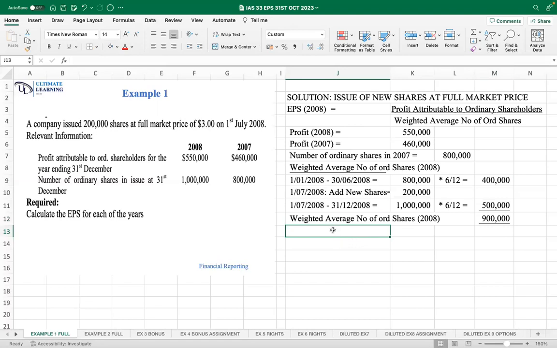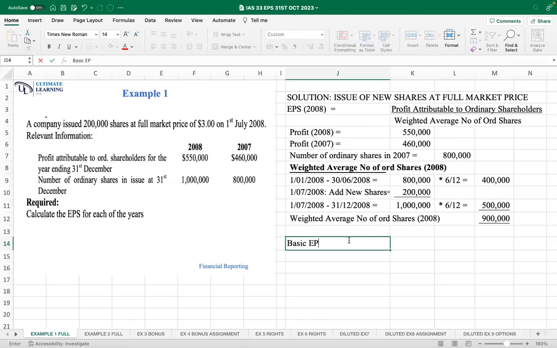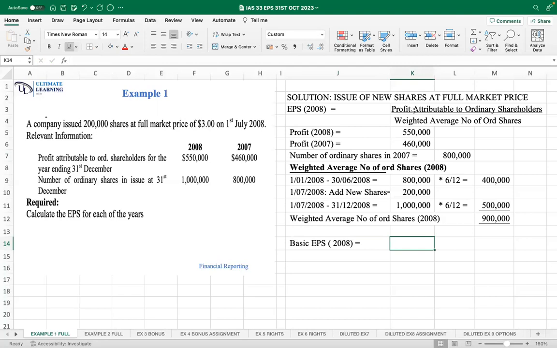So we have all the data that we now need to answer the question. We need to calculate the basic EPS in 2008. We said it is profit attributable to ordinary shareholders divided by weighted average number of shares. The profit attributable to ordinary shareholders in 2008 was 550, and the weighted average number of shares was 900,000.